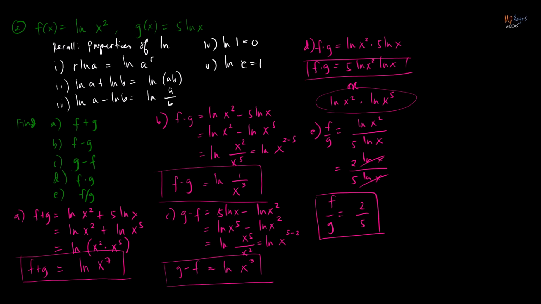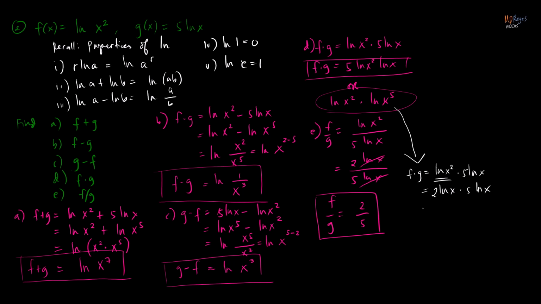Or wait, you can simplify this in letter D. Maybe you'll ask this question. If you have f times g, let me just rewrite this in another way: ln of x squared times 5 ln of x. This first factor can be written as 2 ln of x, times 5 ln of x.